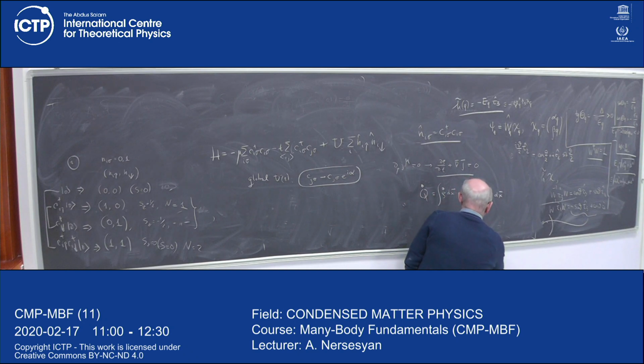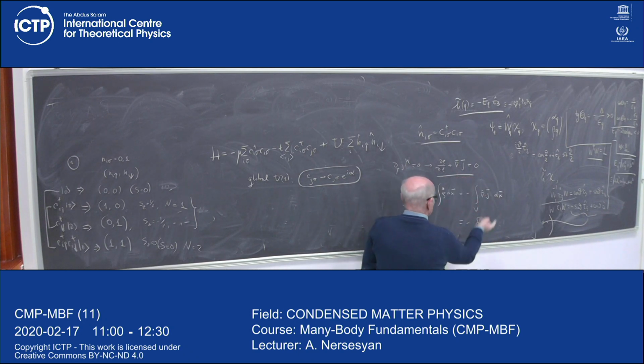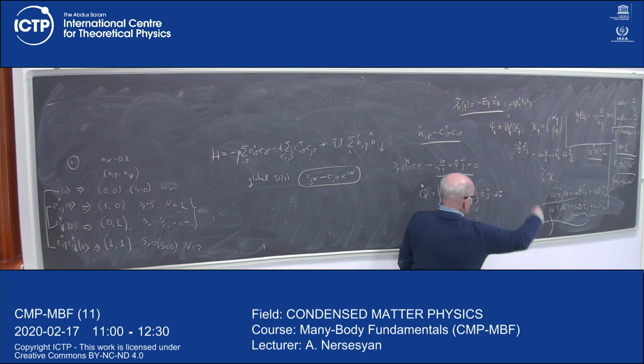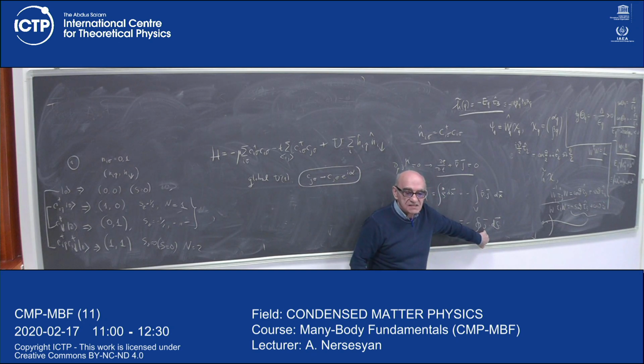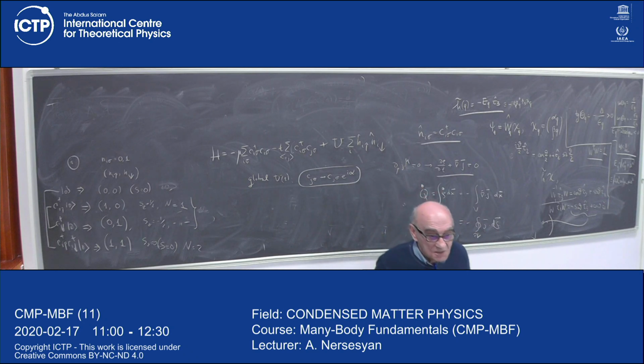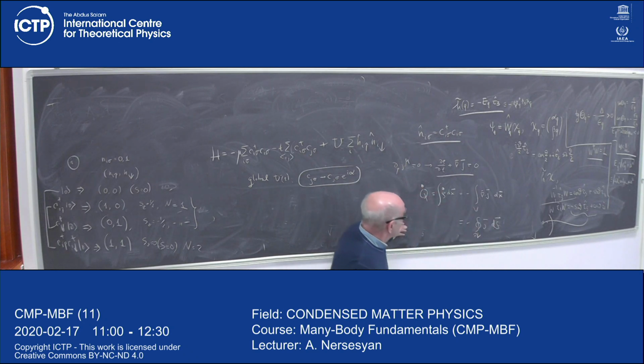This is the integral over the surface, which is the boundary of this volume, of J times dS. This is the element of the surface, and this is the flux of particles through that surface. And this flux vanishes. The particle number simply is conserved.